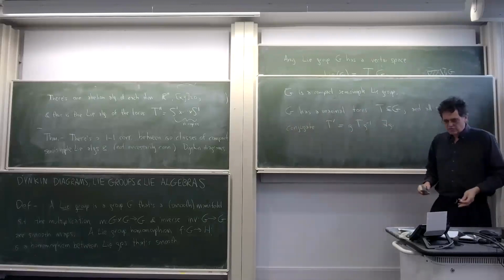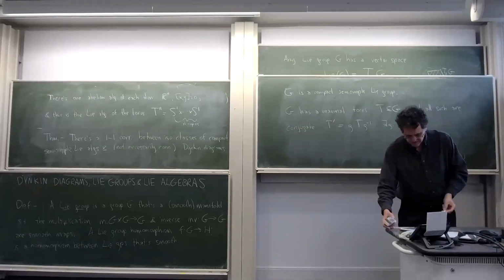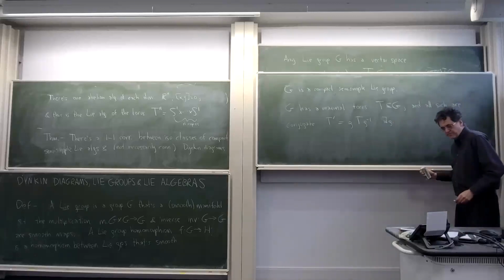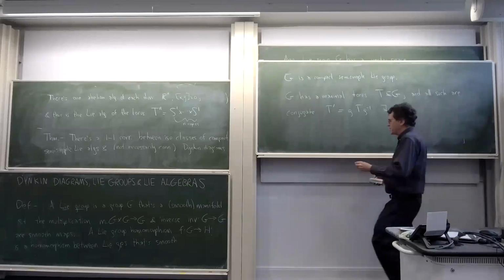So that's why people often talk about the maximal torus, even though it's sort of misleading in some ways. So we'll pick one, and then we'll do some stuff with it.